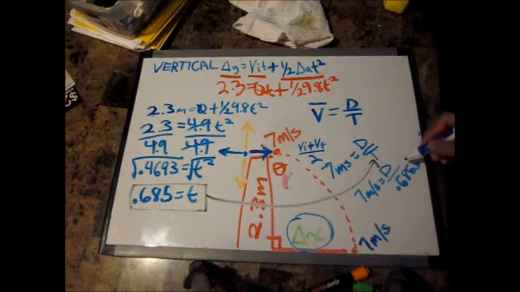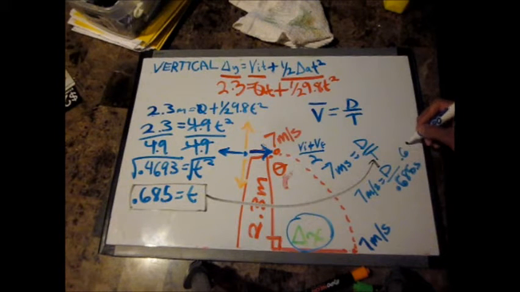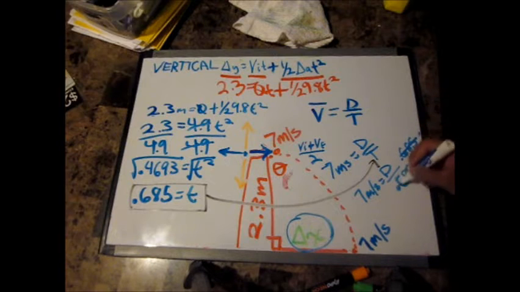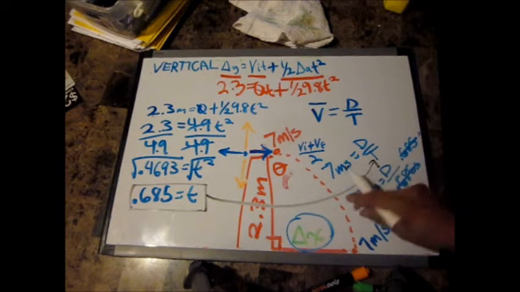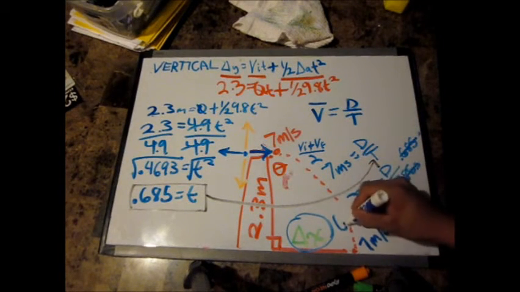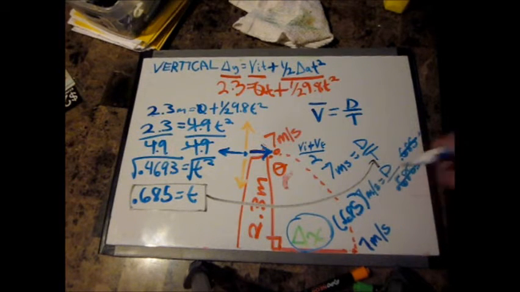And when we do the math correctly, can you see that? Yes, you can. We multiply by 0.685. That crosses out. What you do to one side, you do to the other. So you simply multiply 0.685 by 7 meters per second.